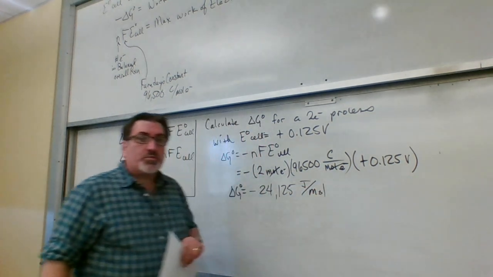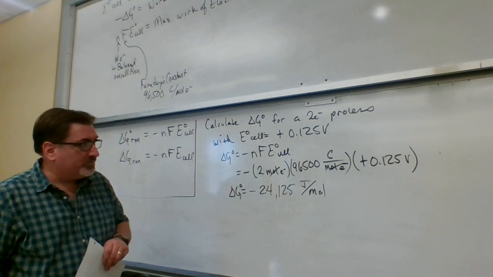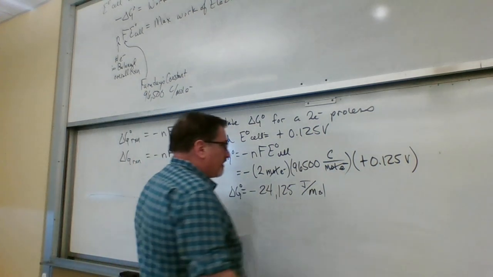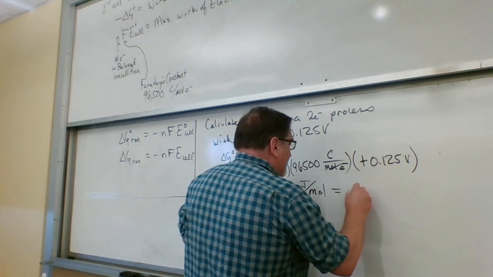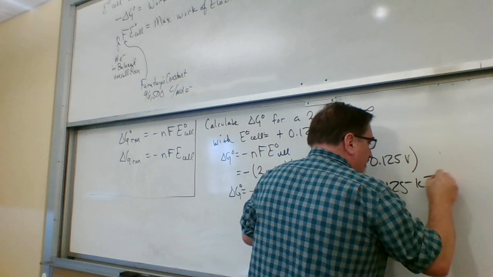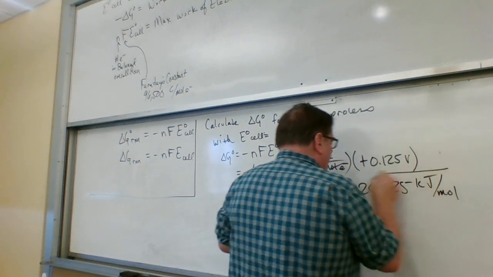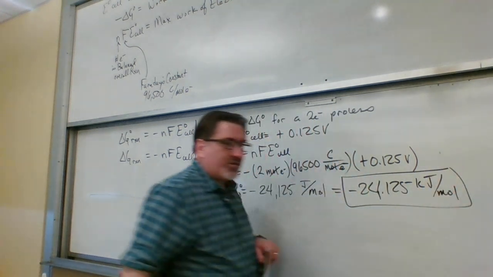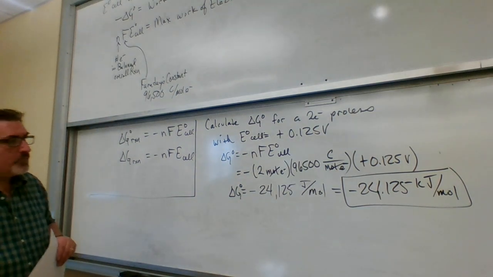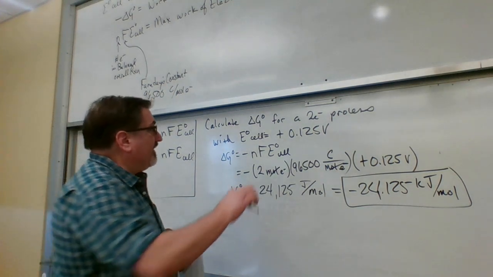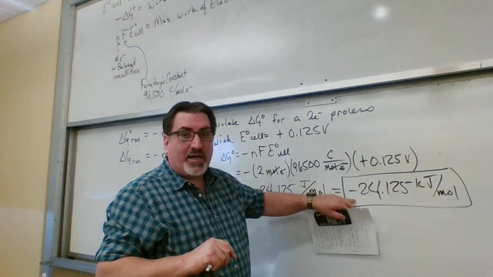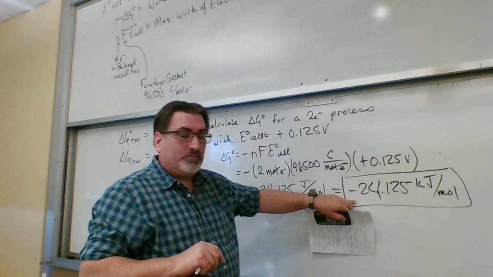It's still joules per mole of balanced reaction, because this represents the balanced reaction. So this would be minus 24.125 kilojoules per mole, which would be most like what we're asked for. What's the delta G in kilojoules per mole units? So like I said at the start, if E0 is positive, we'd better get a spontaneous and negative delta G out of it, right? And we did.